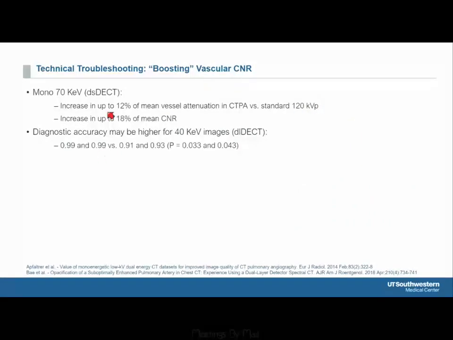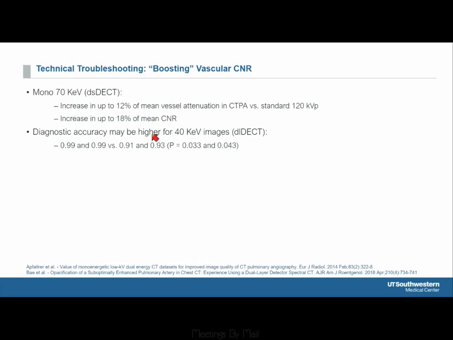Initial studies using dual source, dual energy CT had already shown an increase of up to 12% of the mean vessel attenuation by using 70 keV images, and an increase of up to 18% of the mean contrast-to-noise ratio.